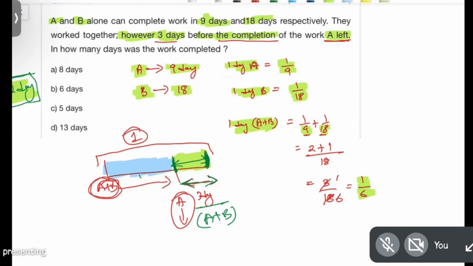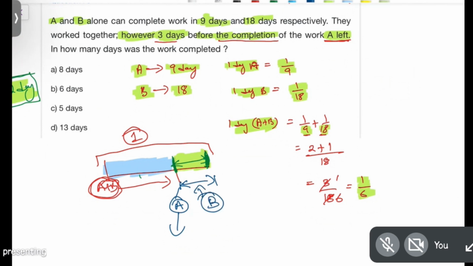We are talking about A leaving the job 3 days before. After A left the job, B will be doing the job. A is leaving at this point, so this remaining will be done by B.